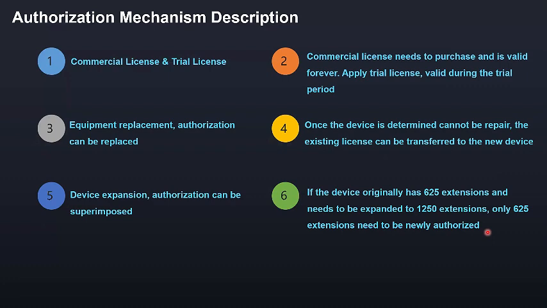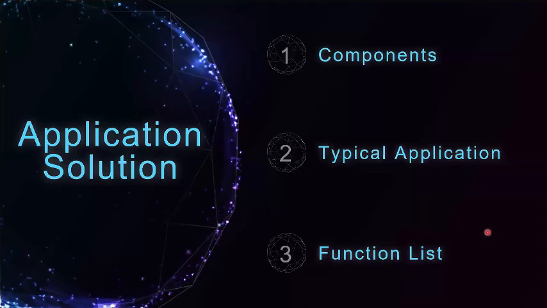It depends on the number of extensions you want to expand, and we can give you the authorization for that. With regards to factory receipt and version upgrade, the authorization is not affected. So this is the mechanism description. I hope this is clear, and let's proceed with the application solution.